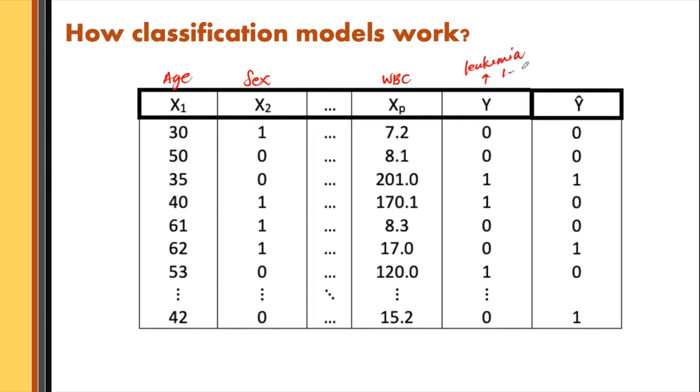So 1 means the patient has leukemia, and 0 means the patient doesn't have leukemia. Given these attributes, we have the true outcome of the patient. Now, the goal of the classification model is to predict y, in this case, to predict whether a patient has leukemia or not.